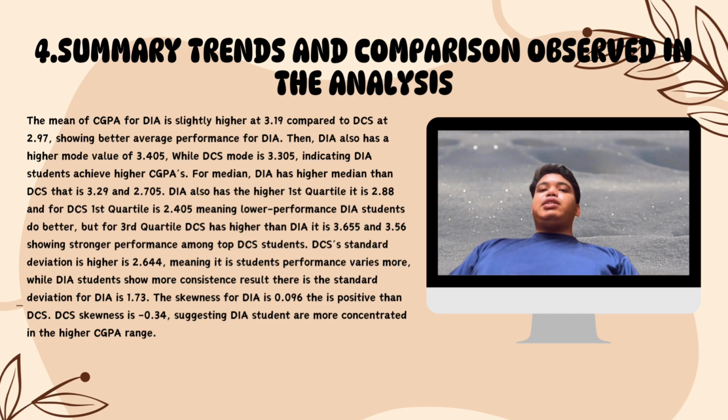The standard deviation for DIA is 1.73. The skewness for DIA is 0.096, which is positive, unlike DCS. DCS skewness is negative 0.34, suggesting DIA students are more concentrated in the higher CGPA range.